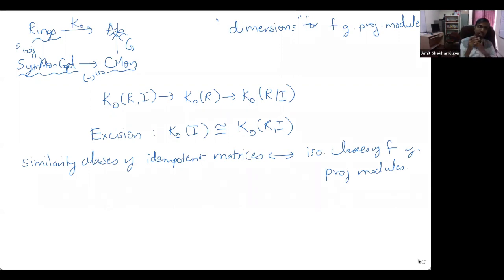I will give you the definition in a moment, but the purpose of this is to define determinants. Now, as you know, for commutative rings, we naturally have a determinant map, but for non-commutative rings, we don't. However, if at all we wanted to define a determinant for all invertible matrices, what will it be?